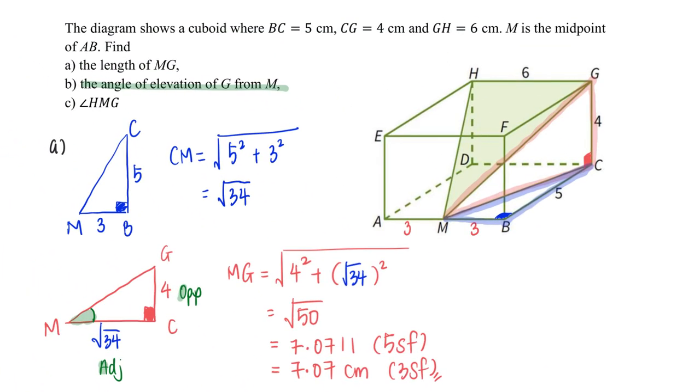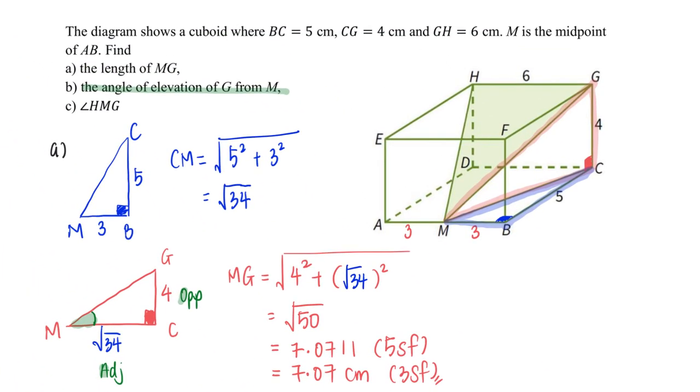Part C, find angle HMG. Now, in order to find this HMG, I need you all, my wonderful audience, to know that this HM and GM are of the same length, and this only happens because M is at the midpoint of this cuboid.